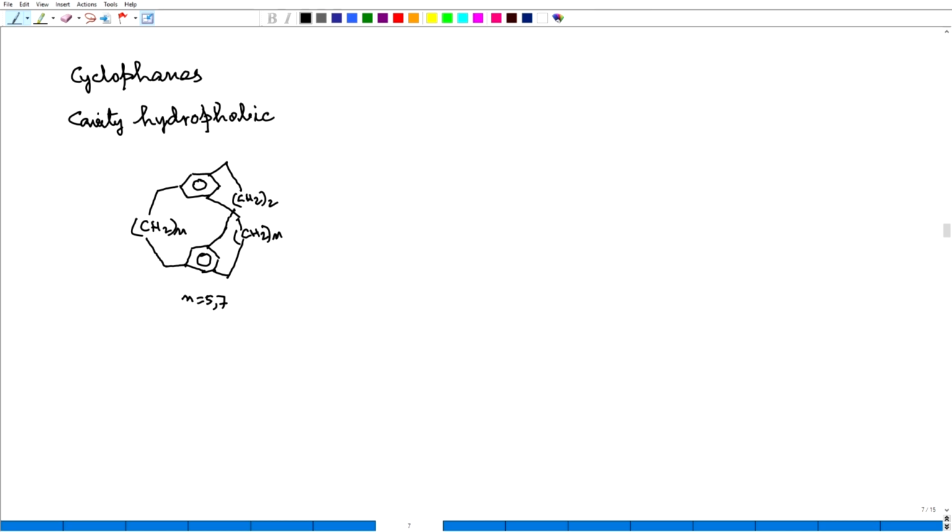Another cyclophane can be this. This cyclophane is very interesting. It is quite a tedious job for me, because I have to draw many structures.